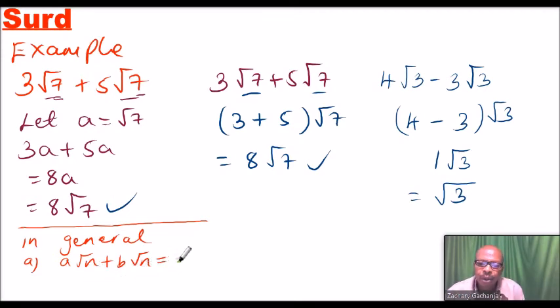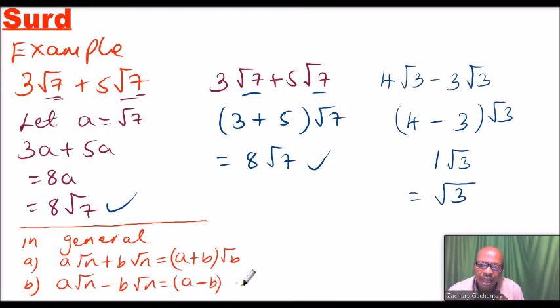We can write this as (A plus B) root n. Again, A root n minus B root n is equal to (A minus B) root n. I think we need to correct here, this is root n. So you should note that we have seen that.